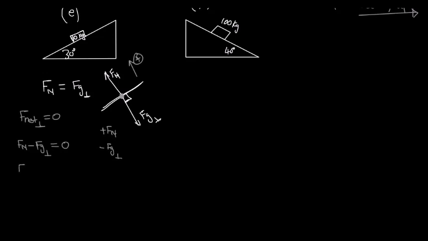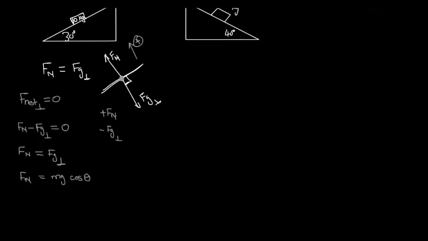Therefore, you are going to have normal force equal to the perpendicular component of gravity, which goes to the other side to be positive, and we know that is basically just mg cos, and not sine. Do watch the video where we were calculating the y component of gravity, cos of the angle theta, to see why it is cos.